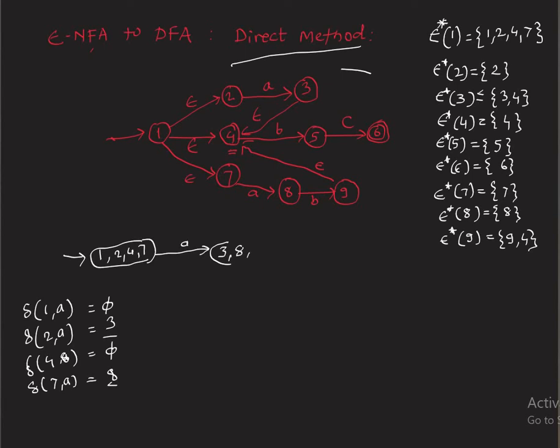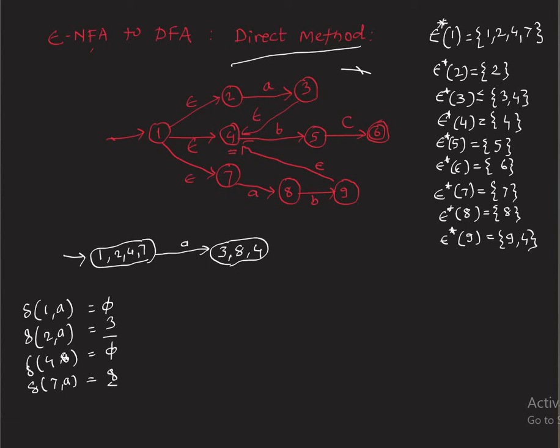Now just write down the epsilon closures for these states. So epsilon closure of 3 is nothing but 3 and 4, and epsilon closure of 8 is nothing but 8. So we have got this particular state. This state represents the transition on A.